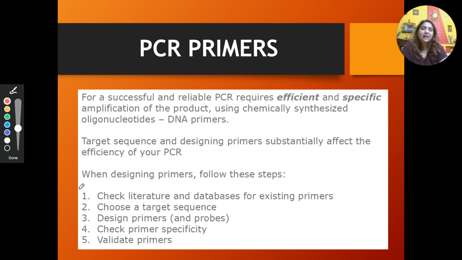Depending upon that, you have to choose your target sequence, and then using that sequence you have to design your primers in such a way that the primers bind specifically to that sequence only and do not bind to any other part of the genome. So this step is very important.